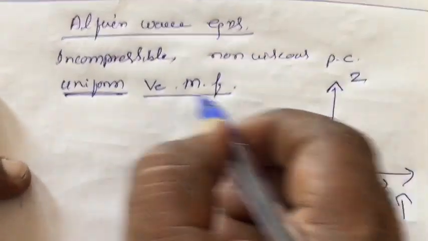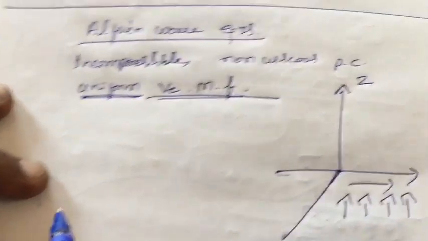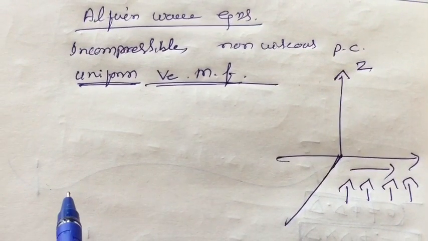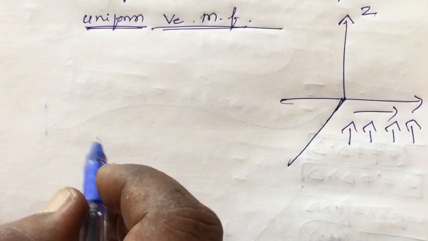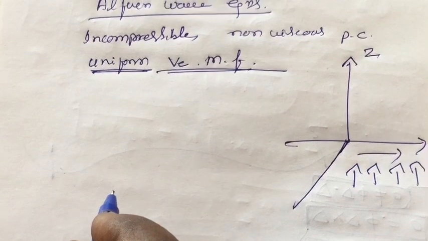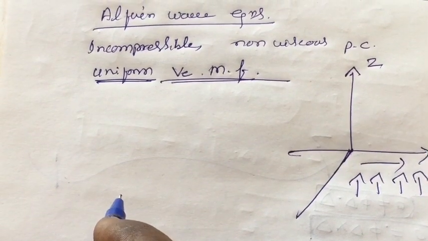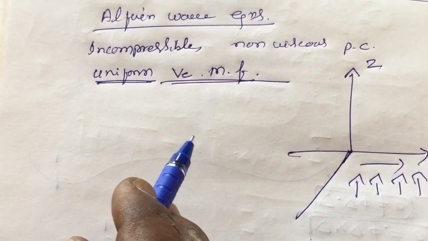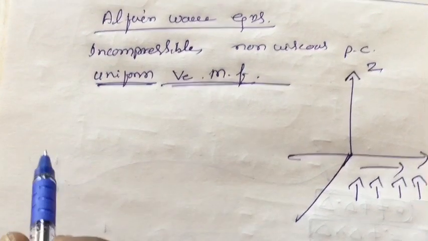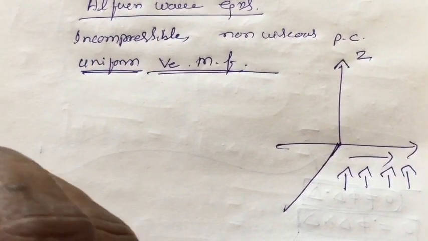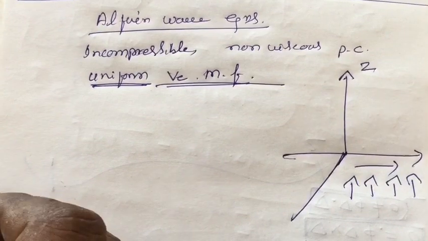To derive these equations, we are going to use the basic equations of MHD for an incompressible, non-viscous, perfectly conducting fluid in the presence of a uniform vertical magnetic field.